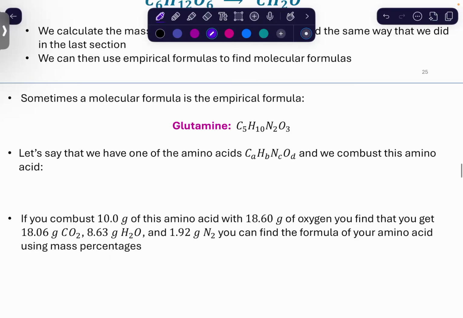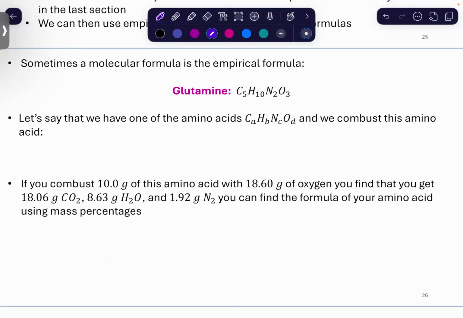But let's say we have an amino acid made out of carbon, hydrogen, nitrogen, oxygen. Those A, B, C, D subscripts are different numbers. We don't really know what they are. And we combust this amino acid. So let's remember what a combustion is. We don't know what A, B, C, and D are.